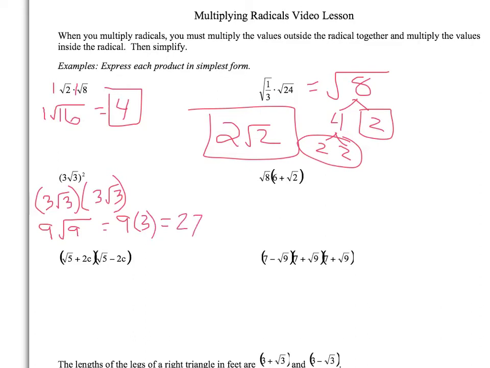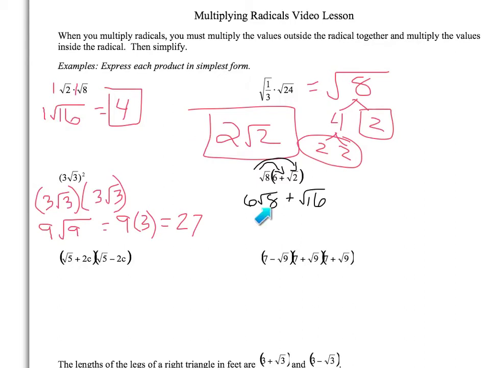For this next piece, we have to use the distributive property. We need to multiply radical 8 into both pieces. So radical 8 times 6 is 6 radical 8. Plus, radical 8 times radical 2 is radical 16. From above, we already know that radical 8 can break down. It breaks down to 2 radical 2.